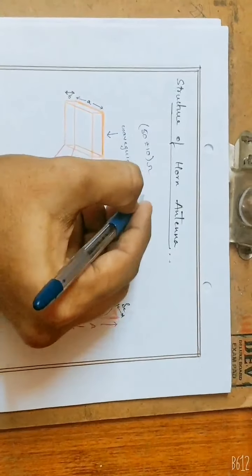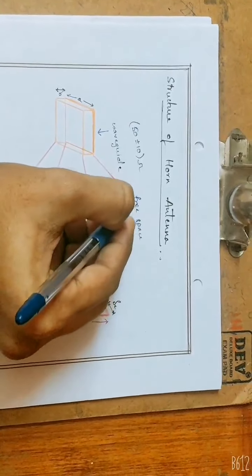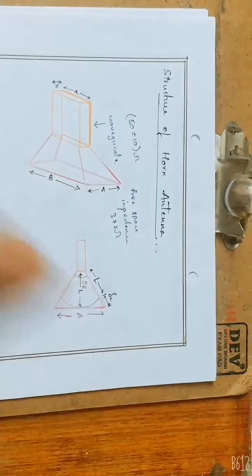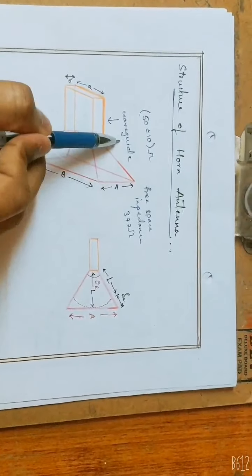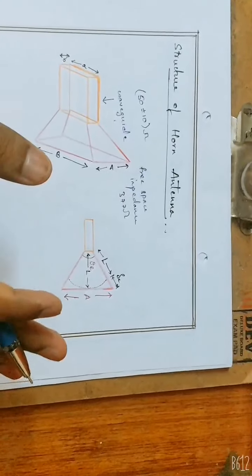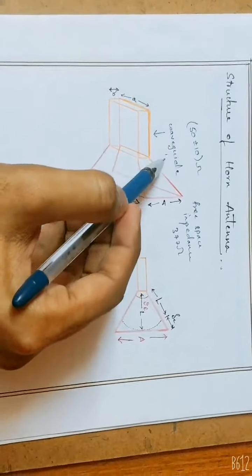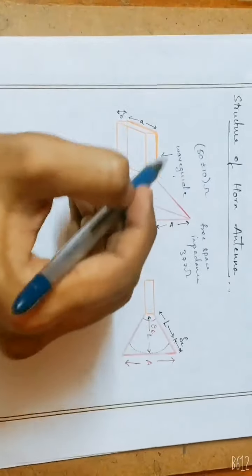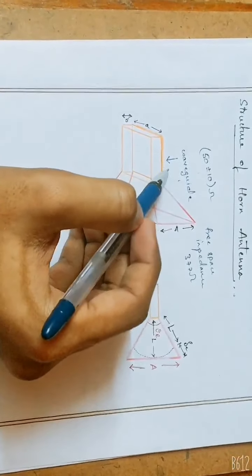Then the free space impedance will be 377 ohm. Due to the mismatch between the waveguide impedance and the free space impedance of 377 ohm, the waveguide cannot radiate in space. This is the basic problem with the waveguide.